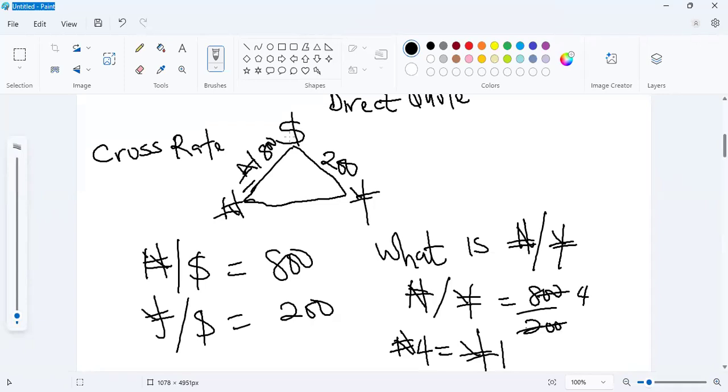We have derived naira to yen based on the relationship with dollar. That is the cross rate.